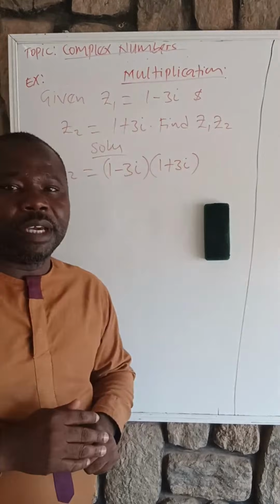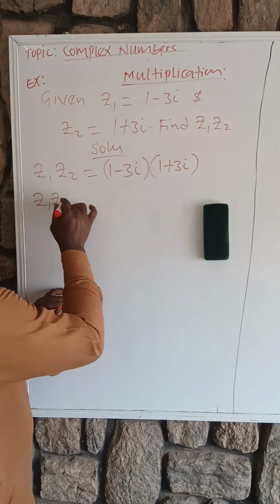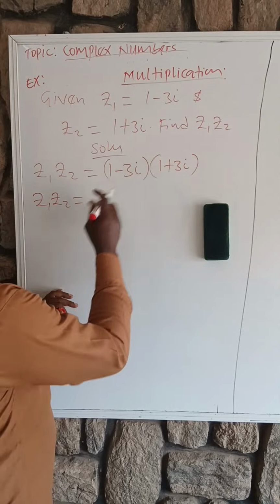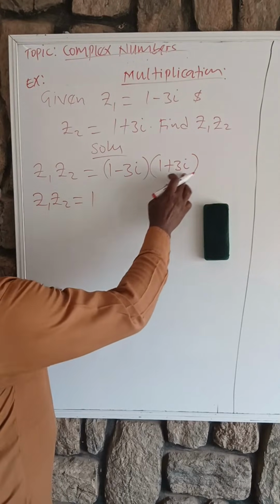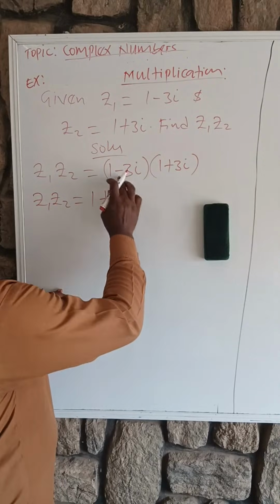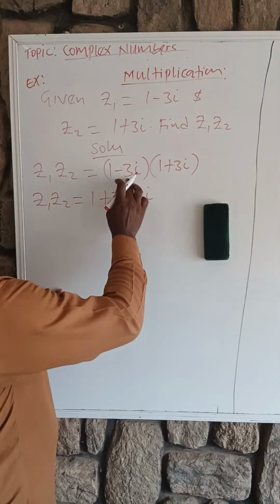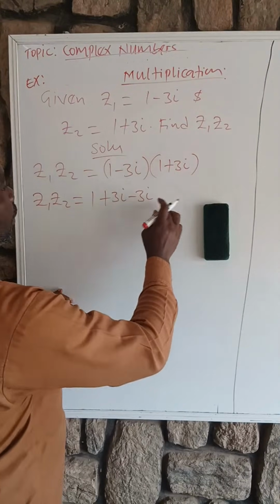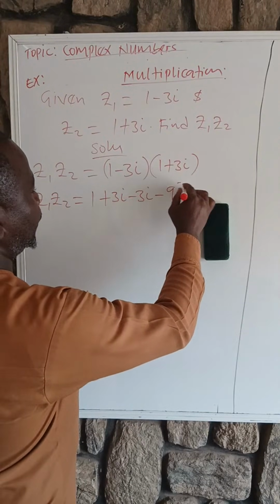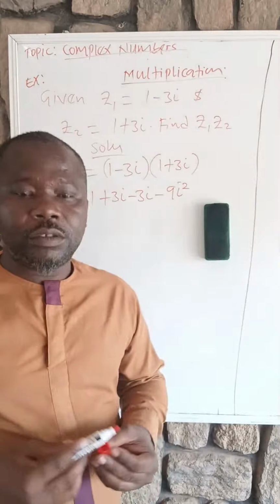That is all. So here z1 times z2 is equal to 1 times 1 gives us 1, 1 times plus 3i gives us plus 3i, minus 3i times 1 is minus 3i, then minus 3i times plus 3i, we are going to have minus 9i squared. True or false?